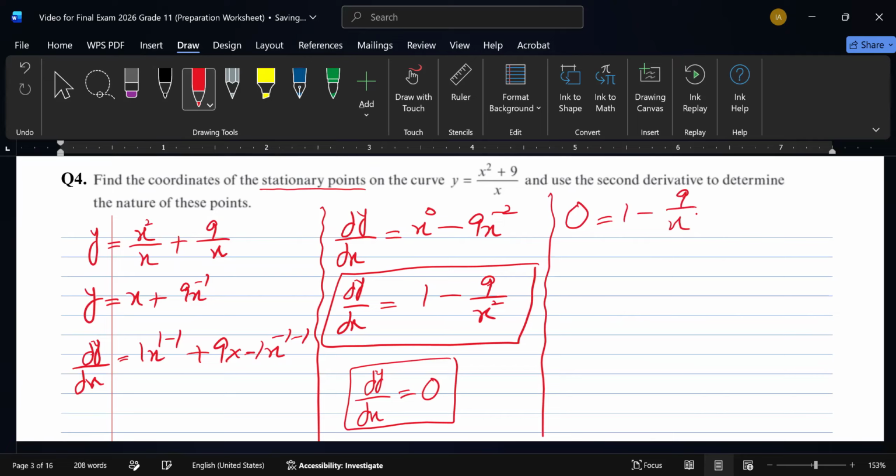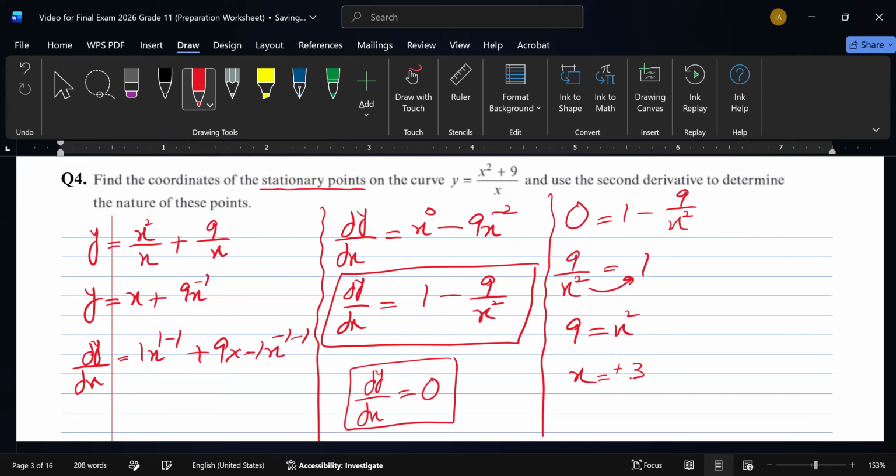Now I move this fraction to my left, and it becomes positive. Now I cross multiply, it's going to be x squared is equal to 9. To remove the square, I'll take the square root on both sides. Therefore, I got 3.